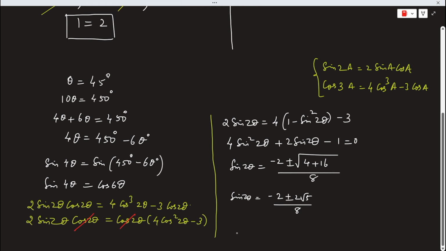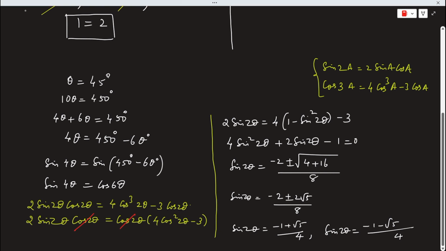We get sine 2 theta is equal to minus 1 plus root 5 by 4, or sine 2 theta is equal to minus 1 minus root 5 divided by 4. Please remember here theta is 45 degrees, but for sine 2 theta we are getting root 5 minus 1 by 4, which is definitely a number less than 1.